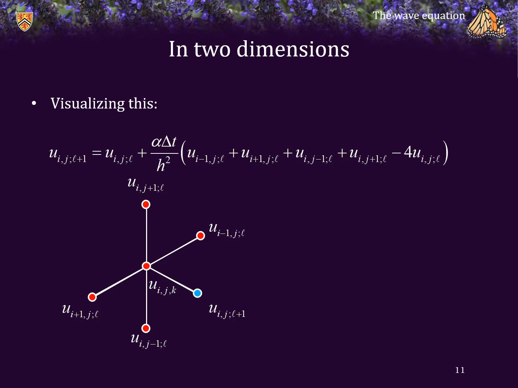Visualizing this, suppose we do not currently have at least an approximation of u at the point ij at the time l plus 1. Well, if we know all the values or the state at time t sub l, then we can just substitute all those 5 values into the expression above, and that will be our estimate one time step into the future.